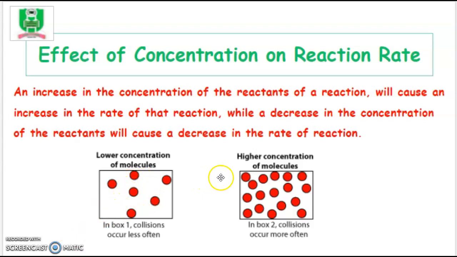And so in short, as the concentration of reactant particles increases, the rate of a chemical reaction will increase, as the reaction will be occurring much faster. On the other hand, if the concentration of reactant particles decreases, the rate of chemical reaction will indeed decrease.